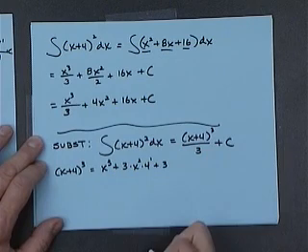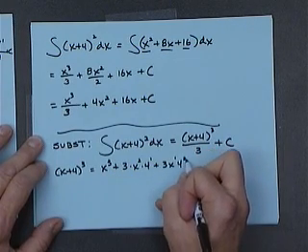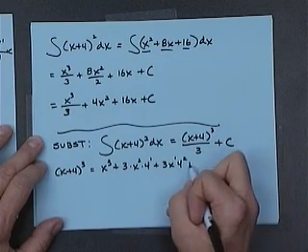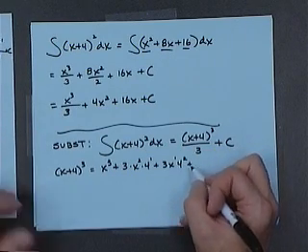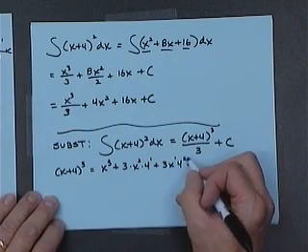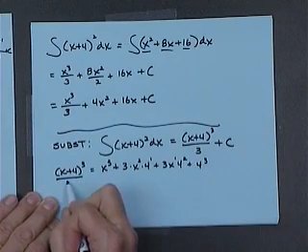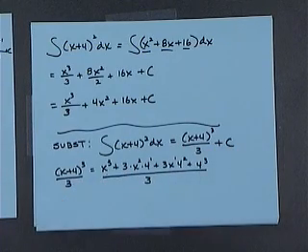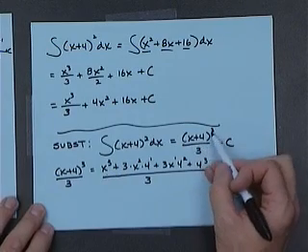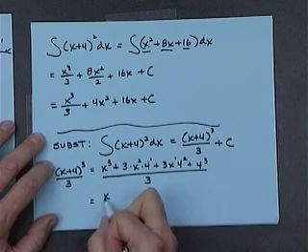Next coefficient is 3, x would be to the first, 4 would be squared. And then the last term has a coefficient of 1, x to the 0, 4 to the third, right? So in our answer, that gets divided by 3. x plus 4 cubed divided by 3. Well, x cubed over 3.